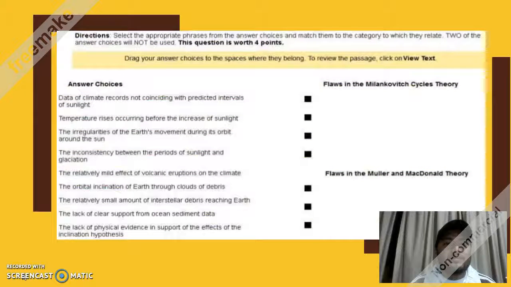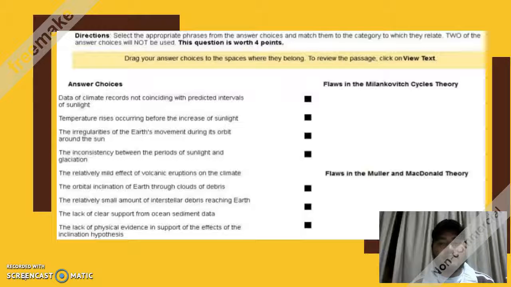Here is the example. Select the appropriate phrases from the answer choices and match them to the category to which they relate. 2 of the answer choices will not be used. The question is worth 4 points. So in this case, as you can see, it's the same as the summary chart. The difference is that in summary chart you just have to choose ideas or sentences or statements in order to fit them with the statement that you receive in the question.